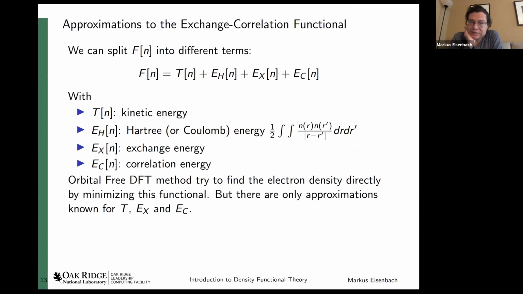The main ones that are around are the Thomas-Fermi kinetic energy and the von Weizsäcker kinetic energy, which are basically the two extremes of homogeneous electron gas and perfectly bound electrons.